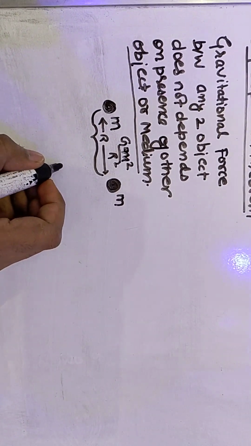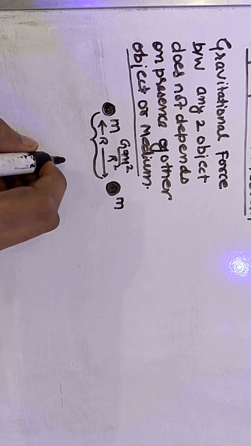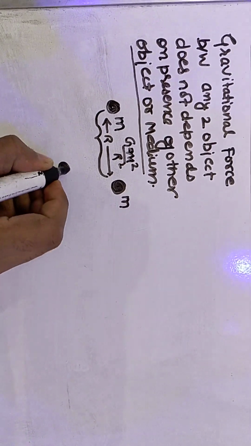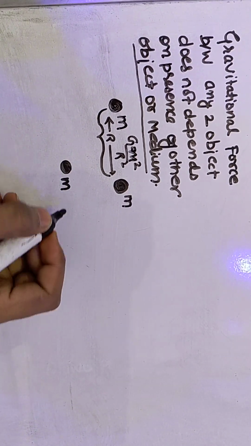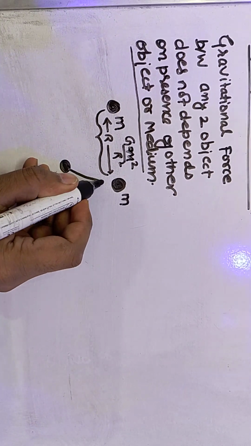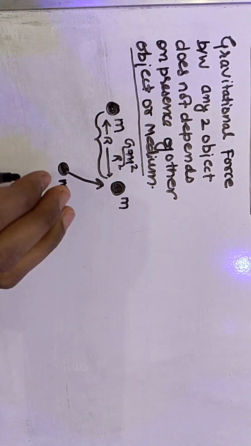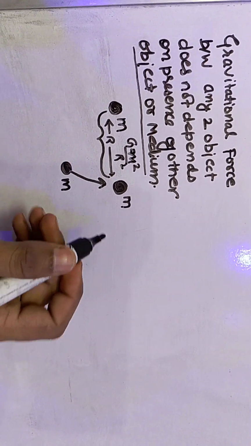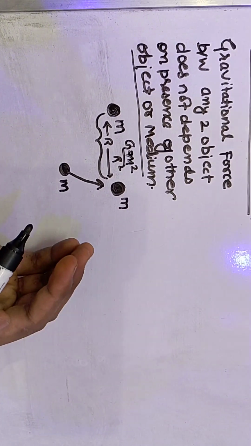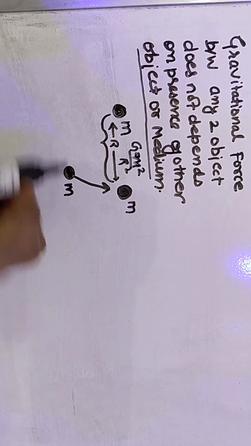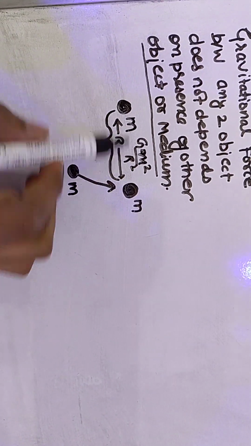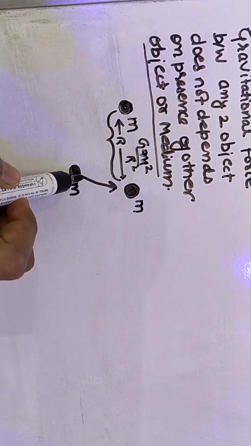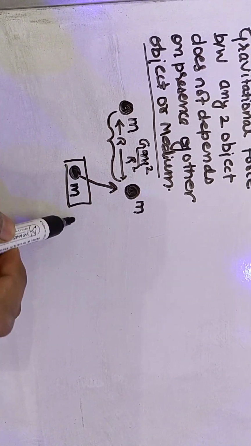So the gravitational force won't be affected by another m mass if I place it in this system. The numerical value would be different, but the gravitation between them is not affected by this third party.